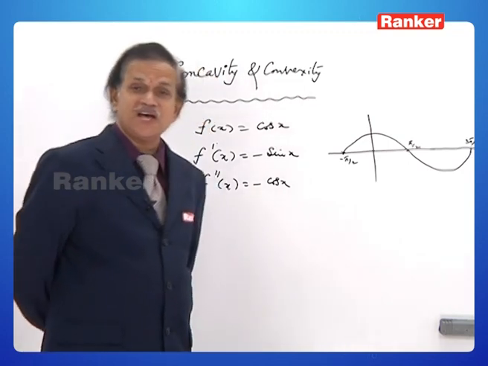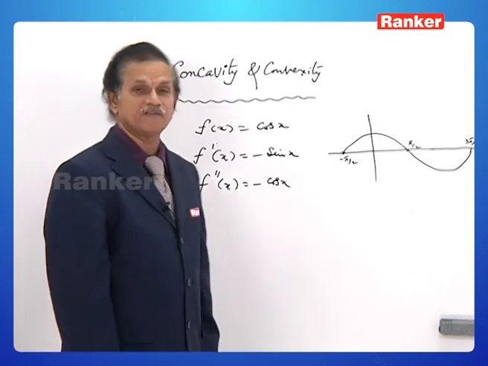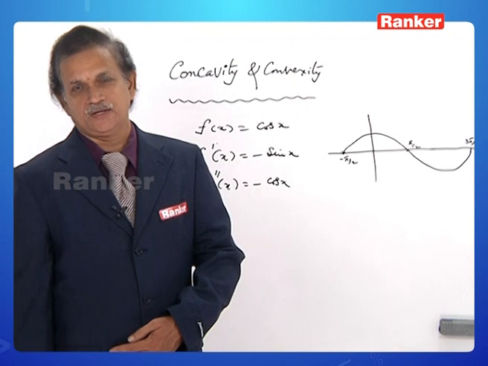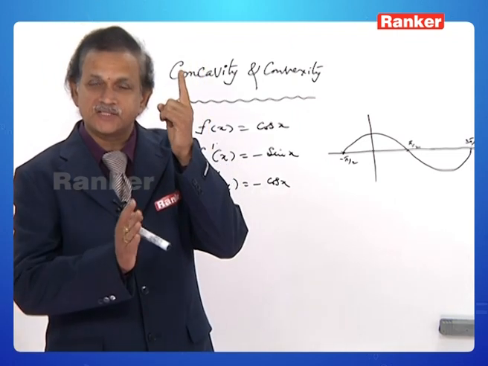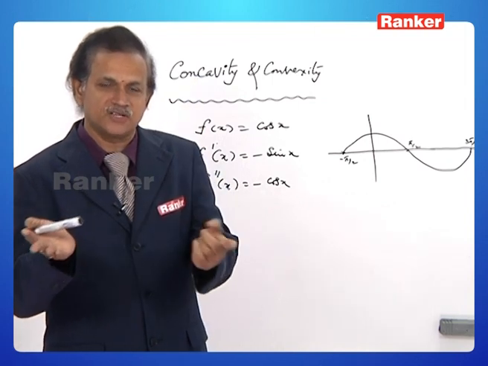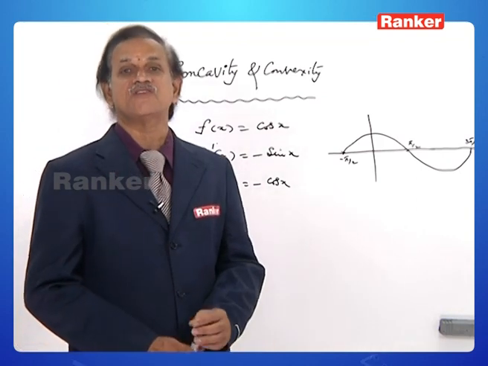Okay, next, after noting concavity and convexity, what happens when f dash x is equal to 0? If f dash x is greater than 0, the function is increasing. If f dash x is less than 0, the function is decreasing. If f dash x is equal to 0, it is neither increasing nor decreasing. Then what do you call that? Stationary.